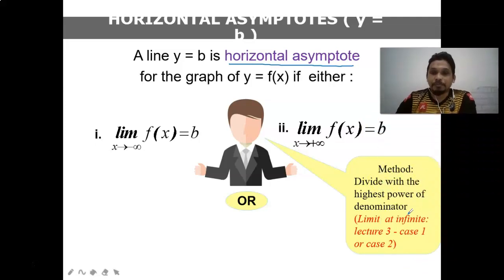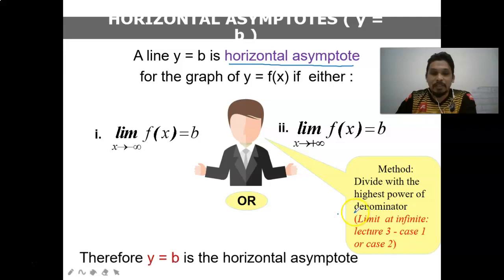So the method: divide by the highest power of the denominator, limit at infinity in lecture 3, case number 1 or case number 2, you refer to that again. Therefore, y equal to b is the horizontal asymptote.